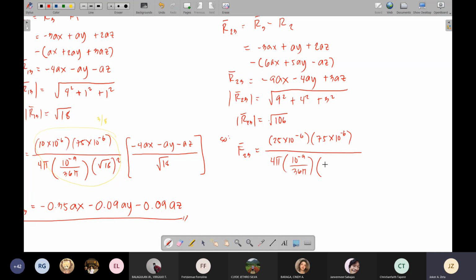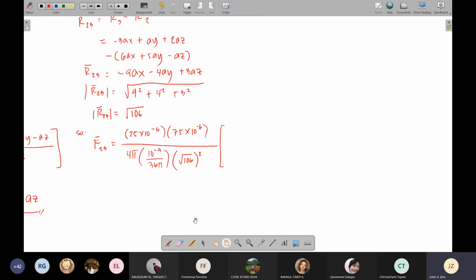Okay, then the distance, you have square root of 106 squared. With the unit vector or with the direction, you will have, okay, vector first, negative 9ax minus 4ay plus 3az divided by the magnitude, which is square root of 106.